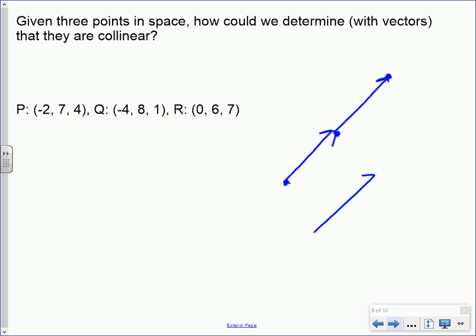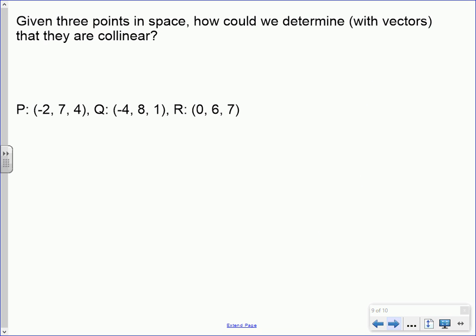Or if we have something like this, these are going in opposite directions. If we have 2 vectors from our 3 points that are going in either the same or opposite direction, then they're making a line. So we have 3 points here, and we want to determine if they're collinear.